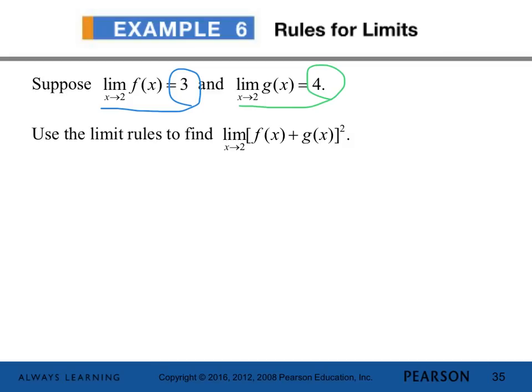What the limit rules say is that since the limit as x approaches 2 of f of x is 3, and the limit of g of x as x approaches 2 is 4, all you need to do to find the limit of their sum squared is to add the two of them together, which gives you 7, and then square it. And the answer is going to be 49.